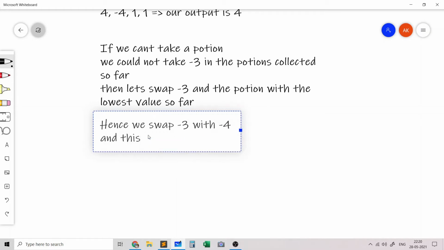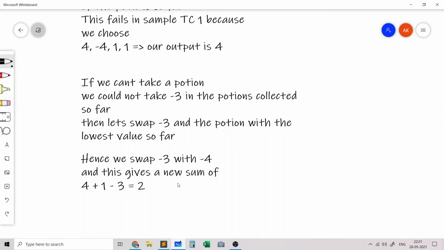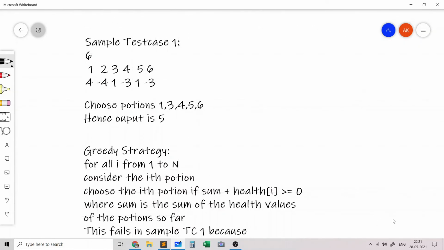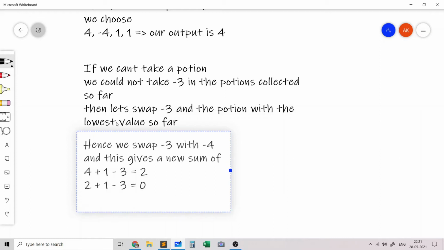The old sum would have been 4 - 4 + 1 - 3, which is -2, but we have removed -4 and put in -3. So the new sum becomes 4 plus 1 minus 3, which is 2. After that we can choose the remaining potions: 2 plus 1, and then minus 3, which is 0. Hence we can choose 5 potions.